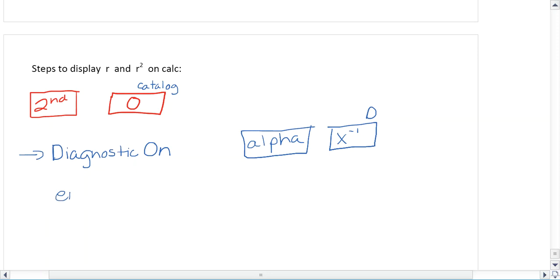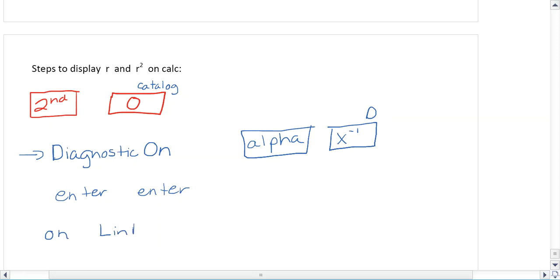Once you get there, hit enter, and then it'll bring you to the home screen, and it'll ask you, do you want diagnostics on? And to turn it on, you have to hit enter again until you see the word done. Then you know you did it. So now that the diagnostics is turned on, you go back to Stat Calc and select your linear regression line.